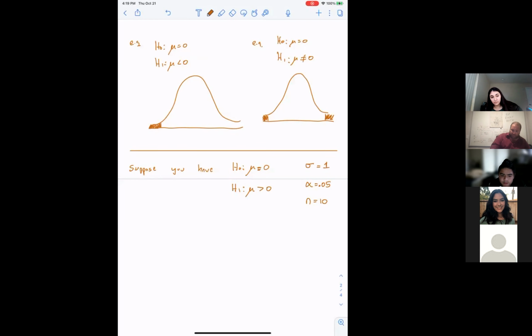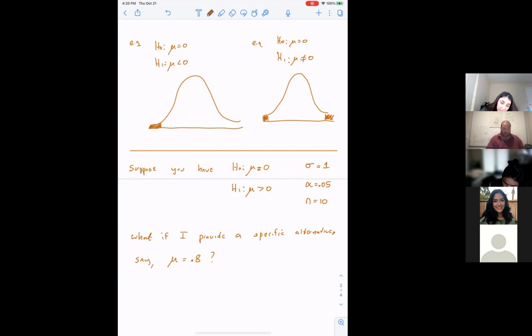But what if I provide a specific alternative? Say mu is equal to 0.8. My claim is that mu is greater than 0, and I'm going to go one step further and claim that really it's equal to 0.8.